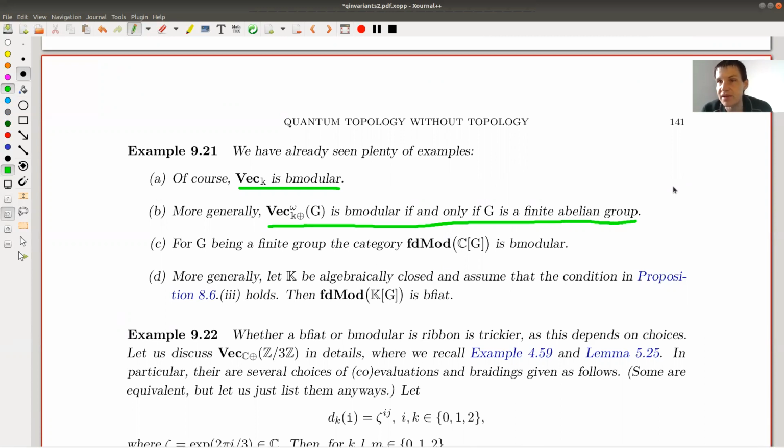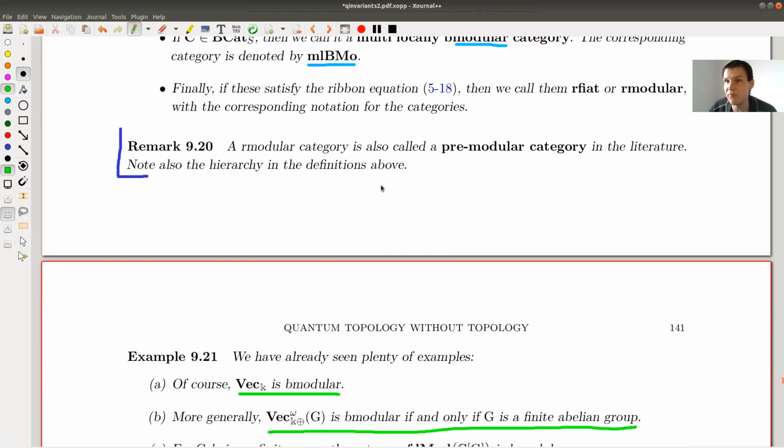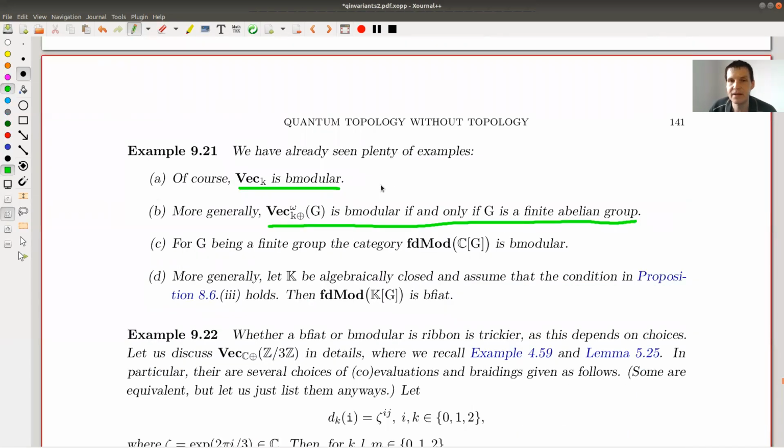That was braided plus semi-simple, basically. Let me just go back: B fiat is braided and fiat, and B modular is basically braided and semi-simple. And it can only be braided if G is a finite abelian group. If it's abelian, it's always fine.